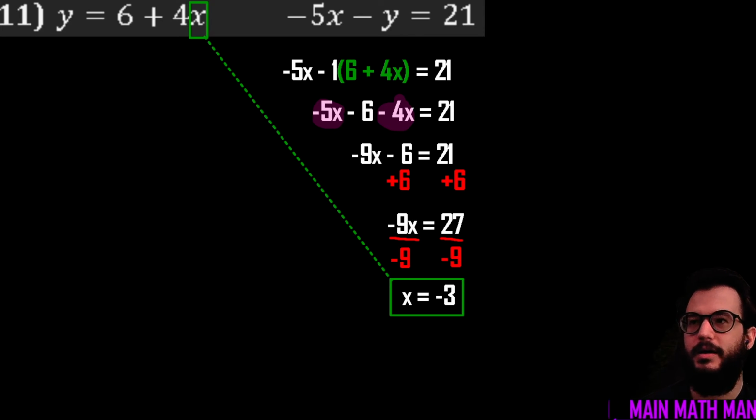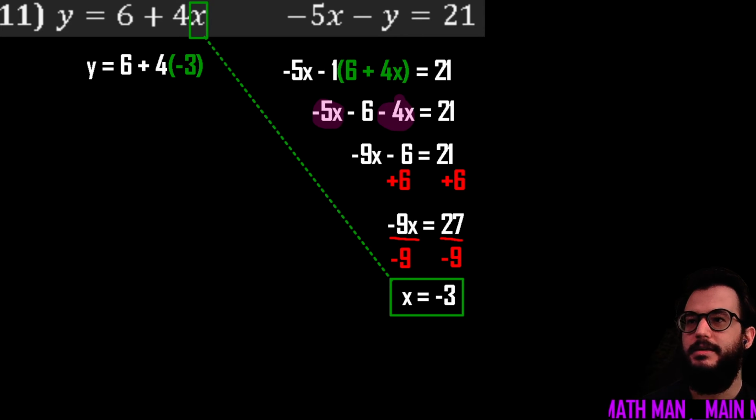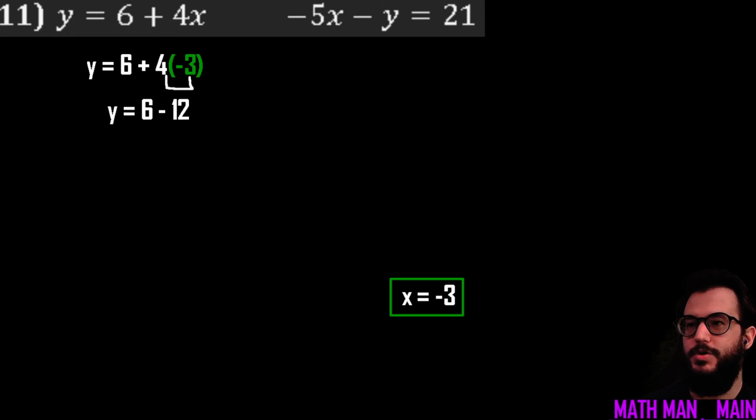Again, it should be kind of routine by now. Make sure you can say, okay, I have the equation y equals 6 plus 4 times a negative 3. Make sure you simplify carefully, so I'm going to say 4 times negative 3 is going to be a negative 12, so I have y equals 6 minus 12, which is going to be a negative 6.